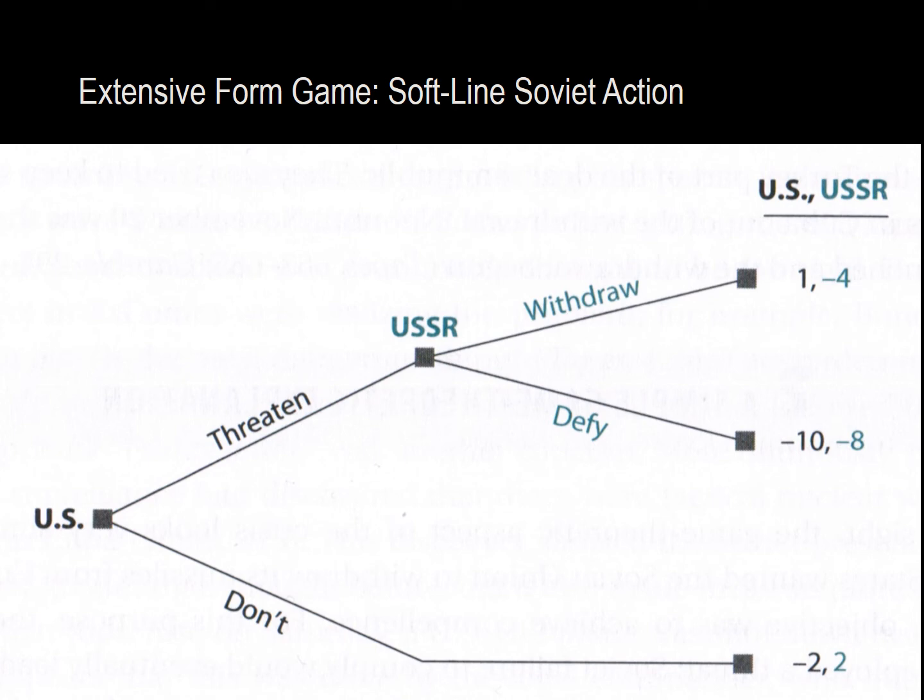So if we look at the extreme right decision node, we have those squares that are black, and they're result nodes with the payoffs. But the first decision node occurs for the USSR as we move towards the left. And the USSR at that node has a choice between withdraw and defy. Now, how does the USSR choose, according to Zermelo's theorem? Well, the USSR is going to look at its payoffs.